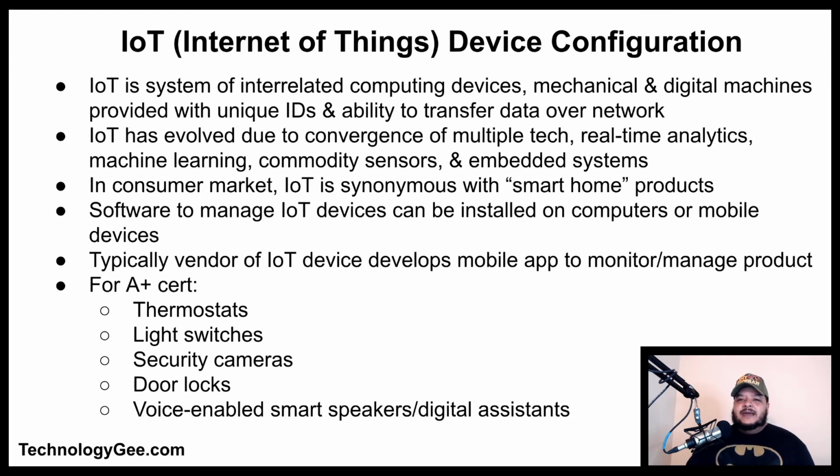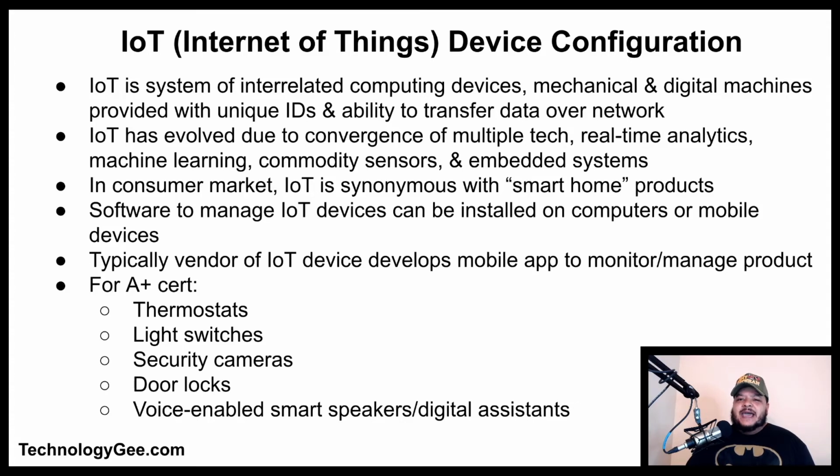Traditional fields of embedded systems, wireless sensor networks, control systems, automation for home and buildings, and others all contribute to enabling IoT. In the consumer market, IoT technology is most synonymous with products pertaining to the concept of the smart home, including devices and appliances that support one or more ecosystems and can be controlled via devices associated with that ecosystem, such as smartphones and smart speakers.